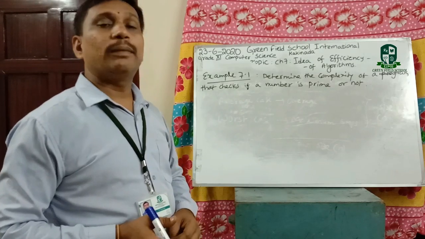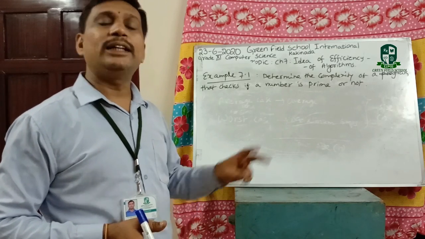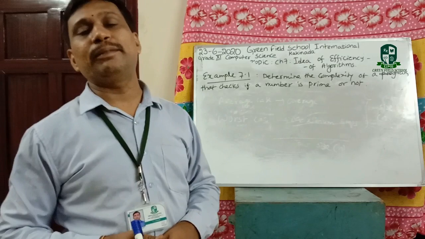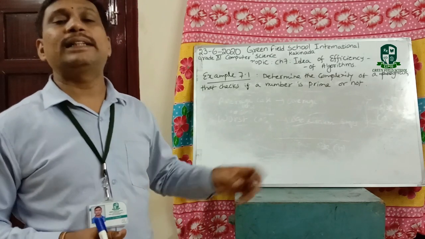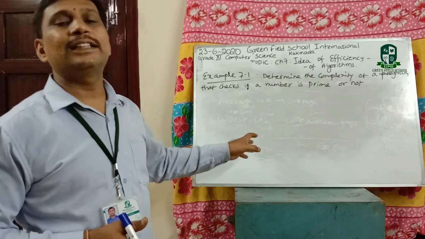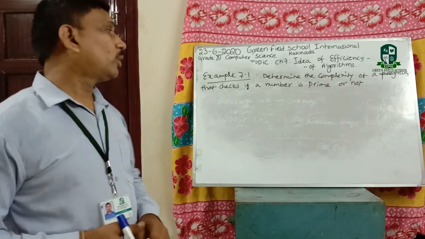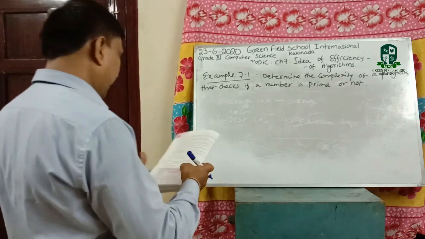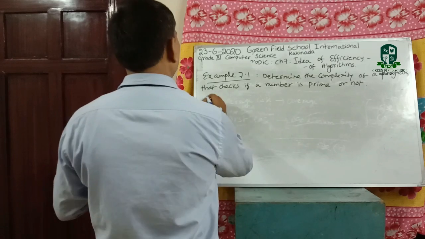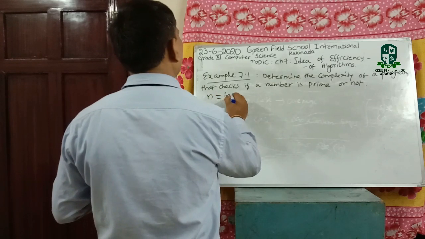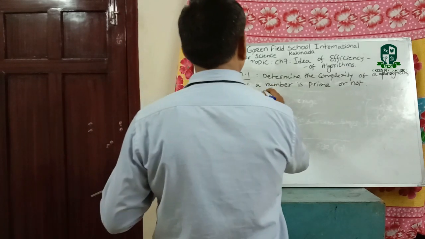We calculate the time complexity in both ways and decide which one is the best according to time complexity. So first, we consider n is equal to int input of enter a number.